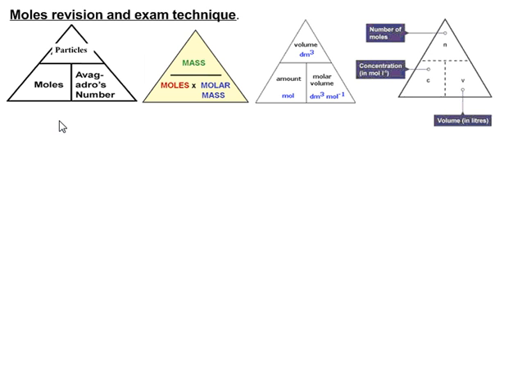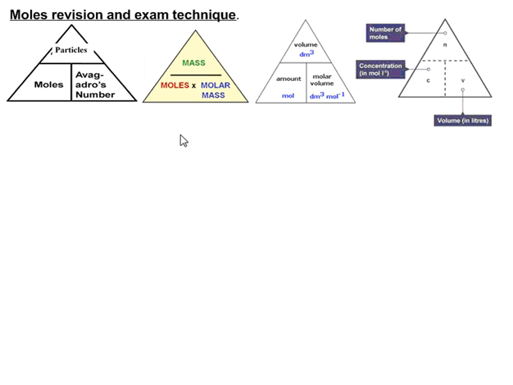Okay, so what we're going to do now is look at some example questions and see how to answer them. Before you can answer any moles questions in chemistry, you need to learn the 4 equations, which are shown here in triangle form. You need to be happy using these equations, rearranging them as well.